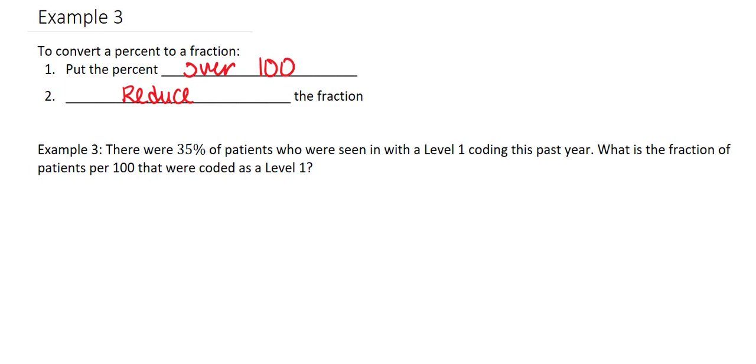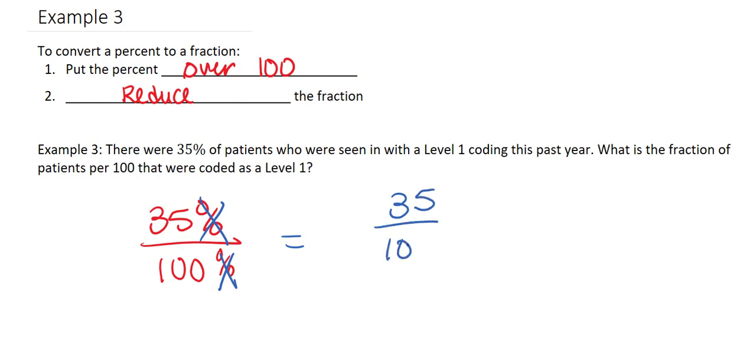Example 3. There are 35% of patients who are seen with a level 1 coding this past year. What is a fraction of patients per 100 that were coded as a level 1? So we're going to put the 35% over 100. Really we could put it over 100% so that these percentages cross out, and then we're left with 35 over 100.